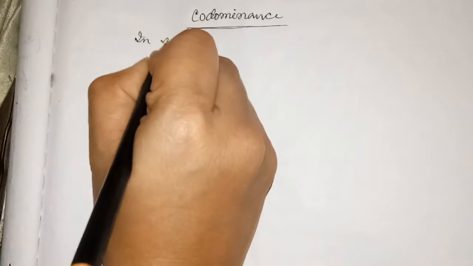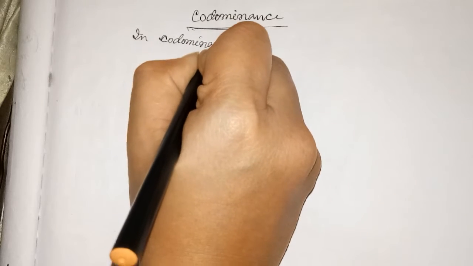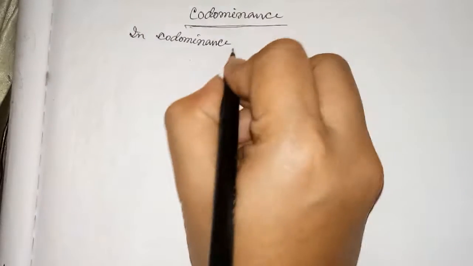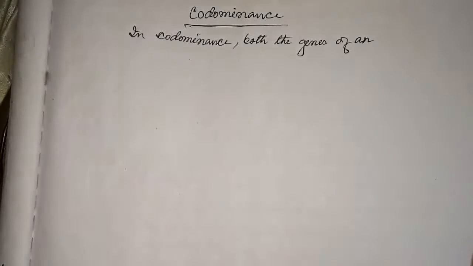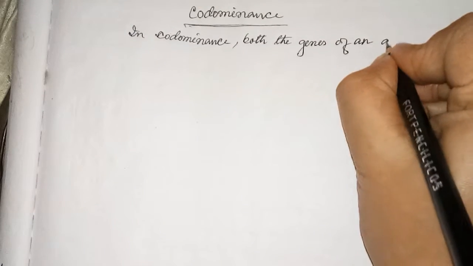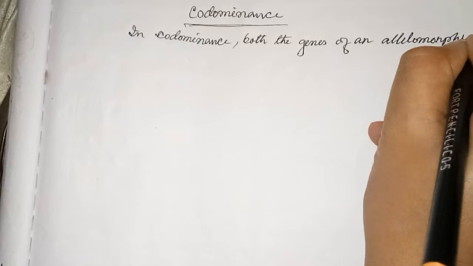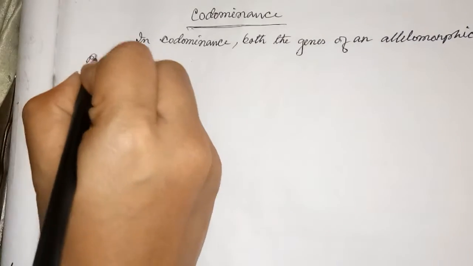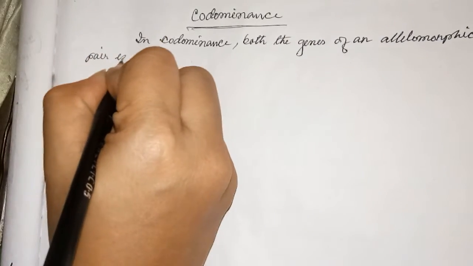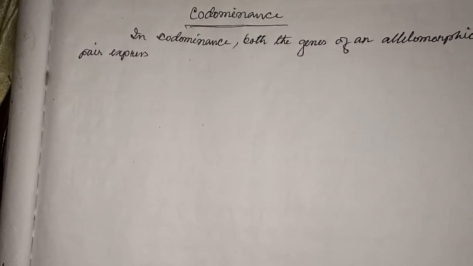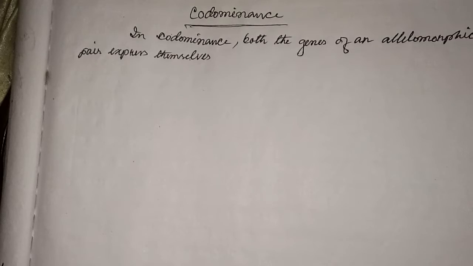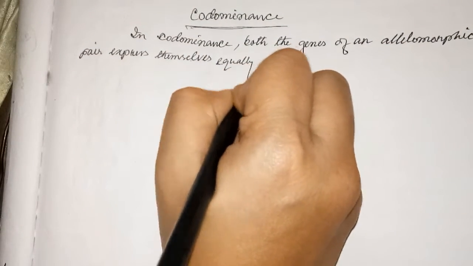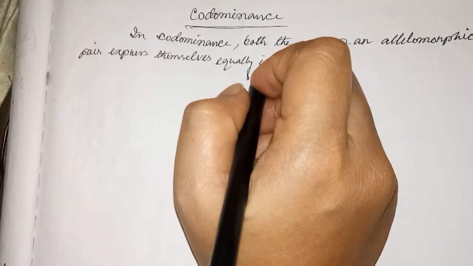So what is it? In codominance, both the genes of an allelomorphic pair express themselves equally in the F1 hybrids.